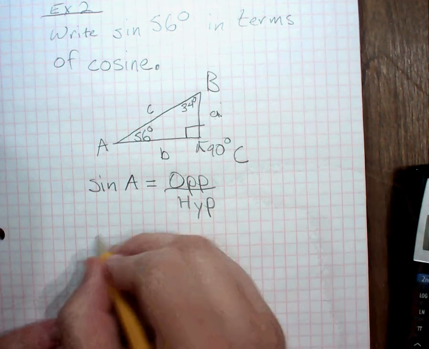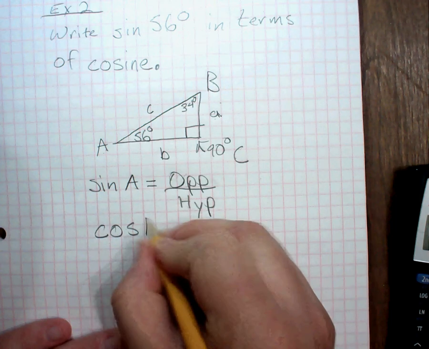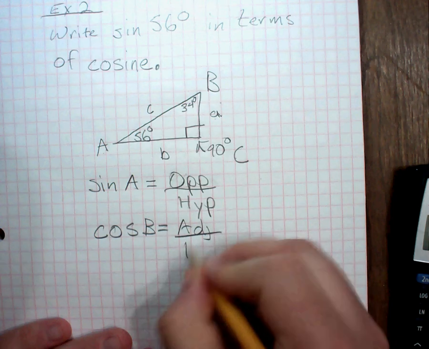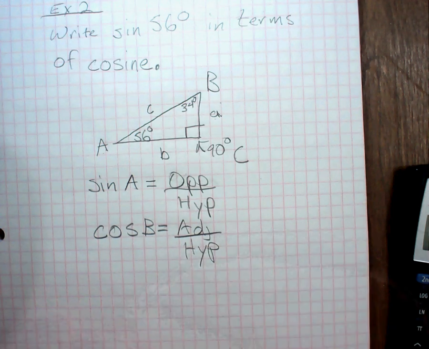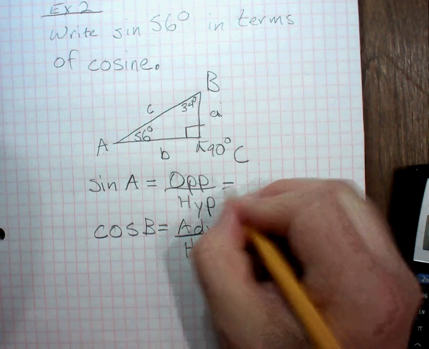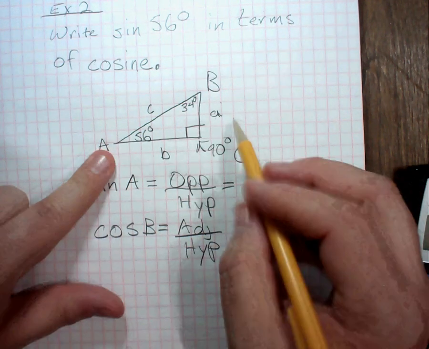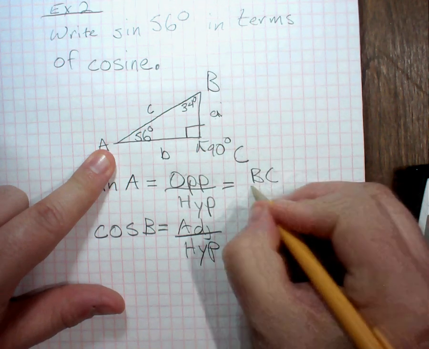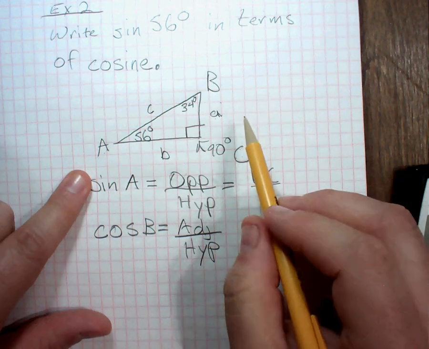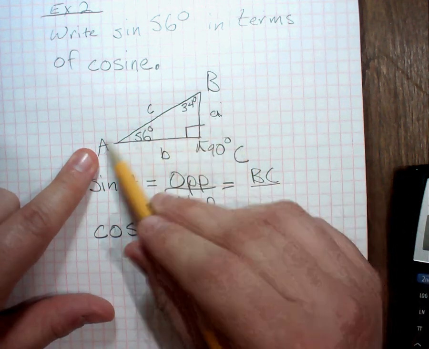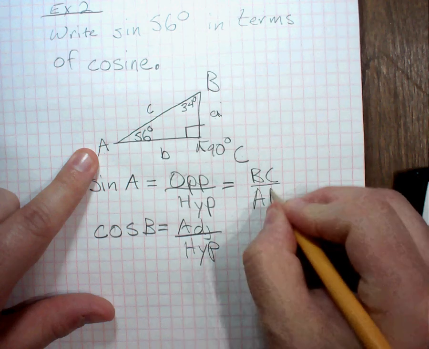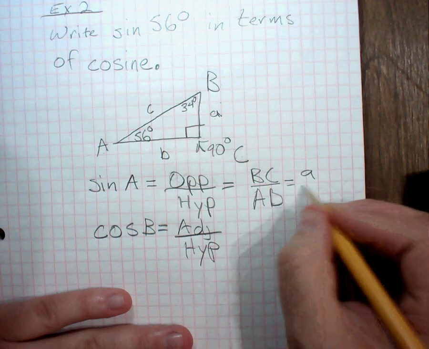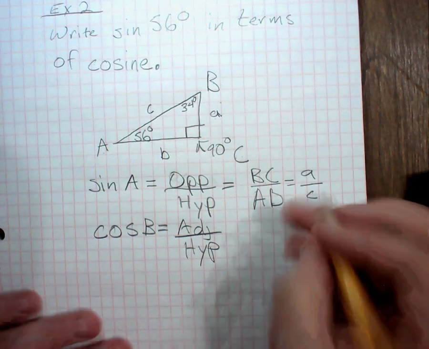And then we're going to talk about cosine of B, which would be the adjacent of B over the hypotenuse of B. So if I look at sine of angle A, the opposite of A is just the line segment BC, and the hypotenuse of A is AB. Or in terms of the lowercase, it'd just be a over c.